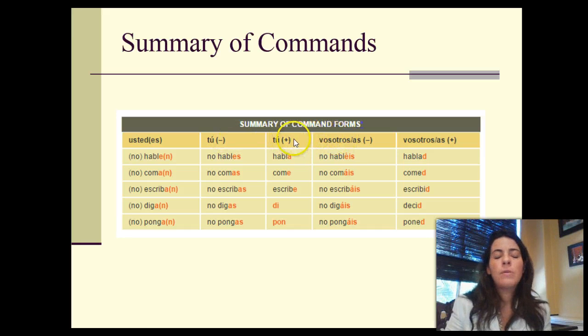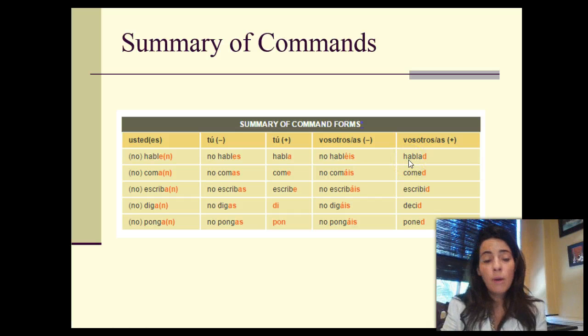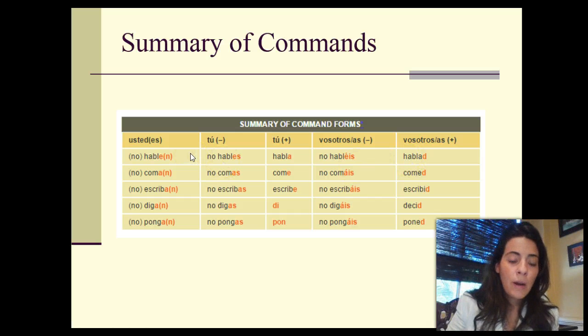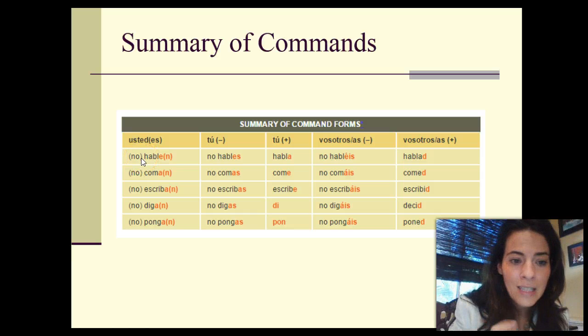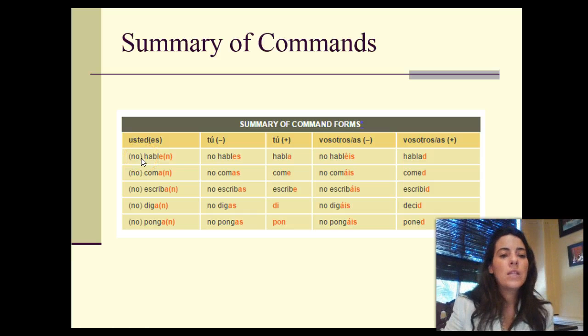And then you have an affirmative command, and then you have the plural in negative and affirmative. So these four columns are for the informal commands, this column is for the formal, and then depending if it's negative, they put it in parentheses, and they say no hablen, no hable, depending if it's plural, right? The plural with the N and the no.